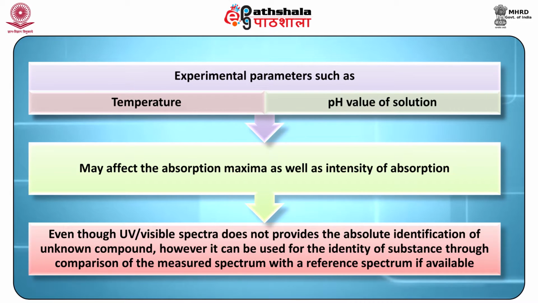Experimental parameters such as temperature and pH of the solution may also affect the absorption maxima as well as the intensity of absorption. Even though UV visible spectra do not provide absolute identification of an unknown compound, they can be used to identify a substance through comparison of the measured spectrum with a reference spectrum, if available.